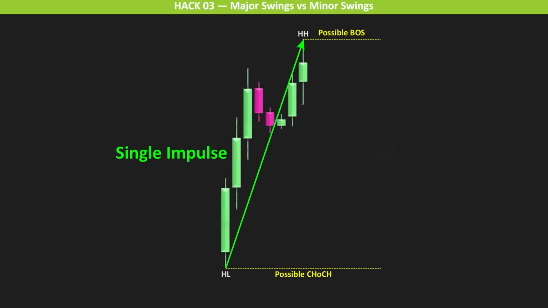For a pullback or retracement to define a valid swing and separate impulsive legs, it must reach at least the 38.2% Fibonacci retracement of the prior impulse. If this condition is not met, the move is treated as one continuous impulse and cannot be used to define a major swing or a valid pullback.